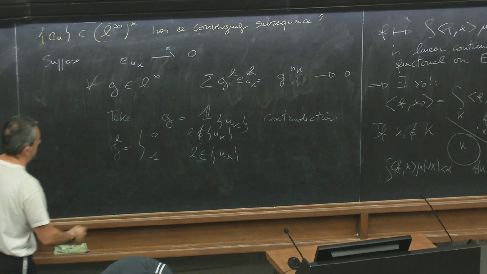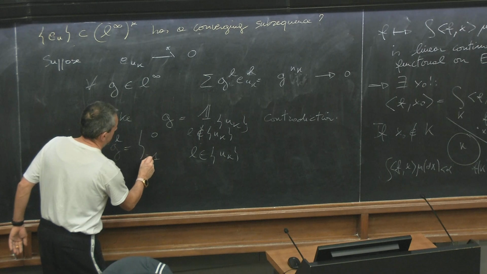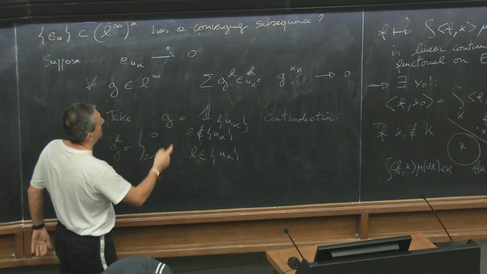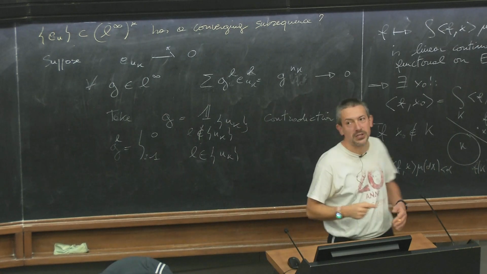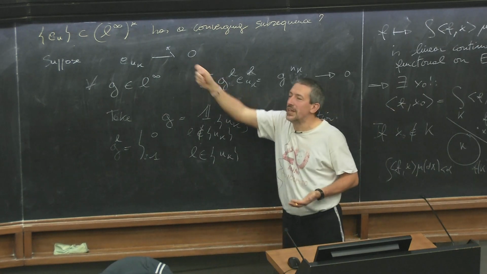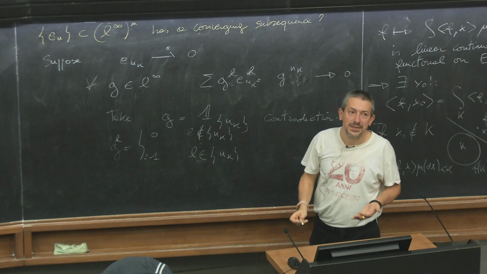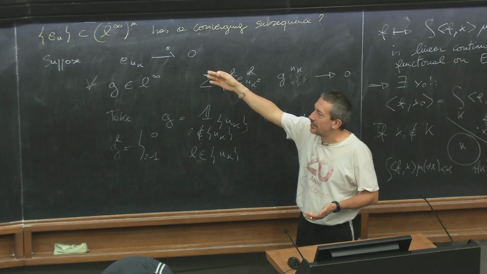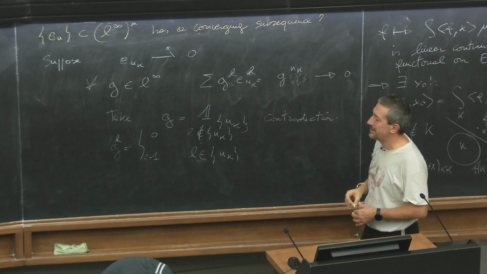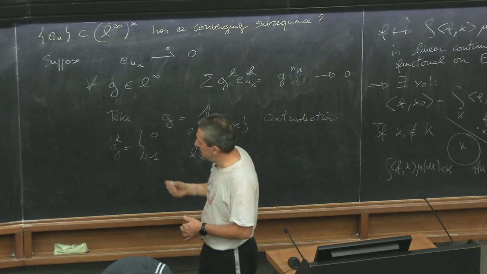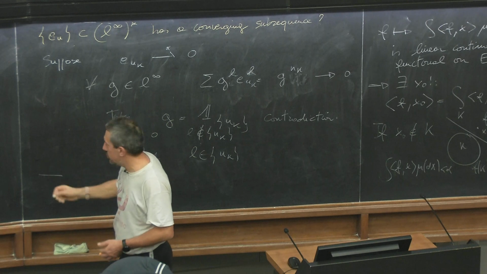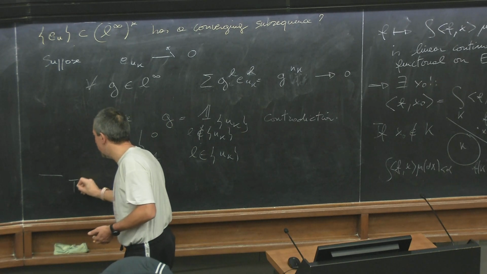For example, if I alternate plus or minus, then you get that the limit does not exist, which is even better, because a priori you don't know if the limit is 0 here. But the question is meaningless because it does not converge. So the exercise shows that the topology is non-trivial.